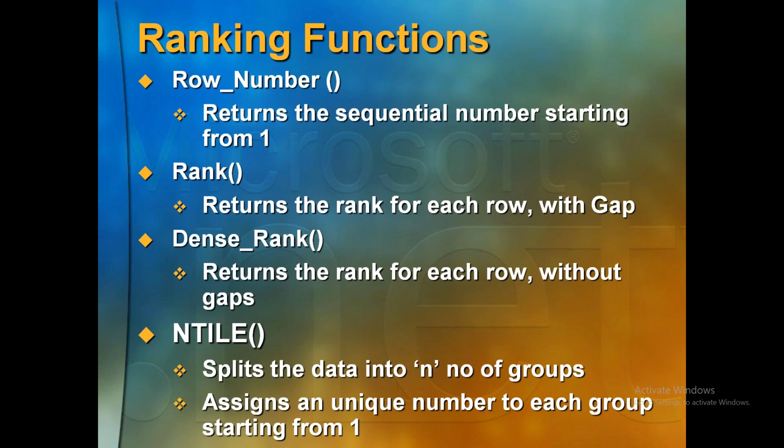So there is row number, which returns the sequential number starting from 1. Rank returns the rank for each row with gaps. Dense rank returns the rank for each row without gaps. And ntile splits the data into n number of groups and assigns a unique number to each group starting from 1.